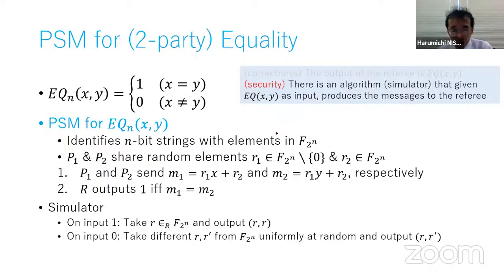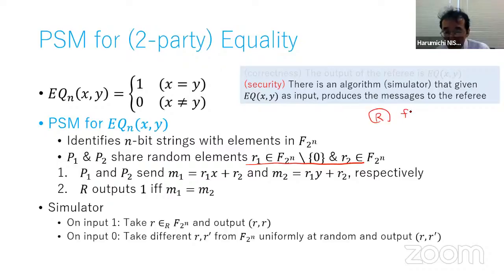Now we consider the security. Intuitively, the message is masked to a random element. In particular, the referee has two cases.